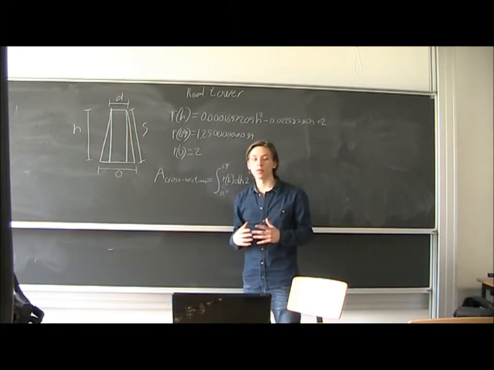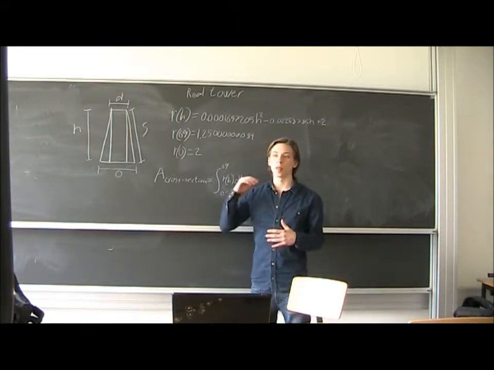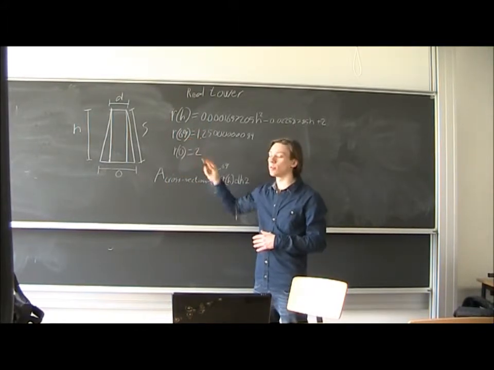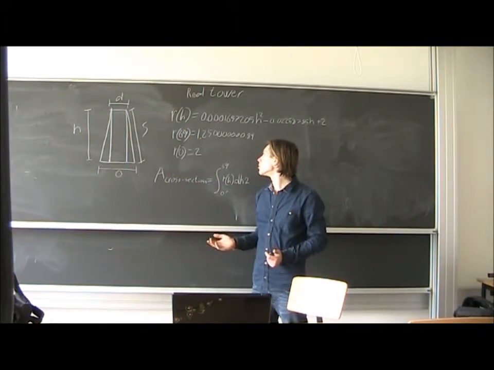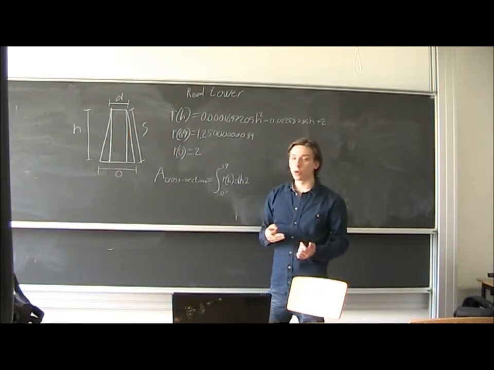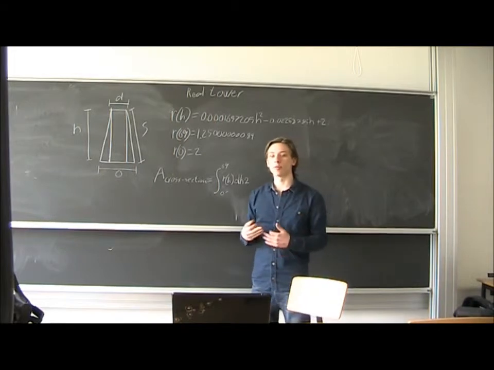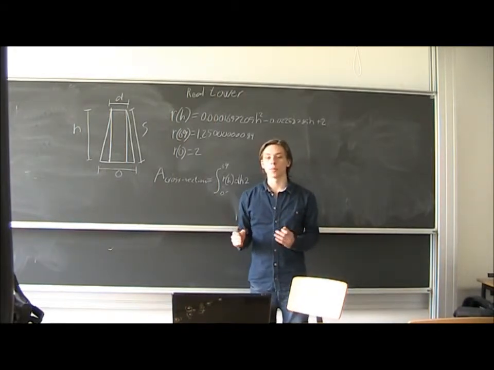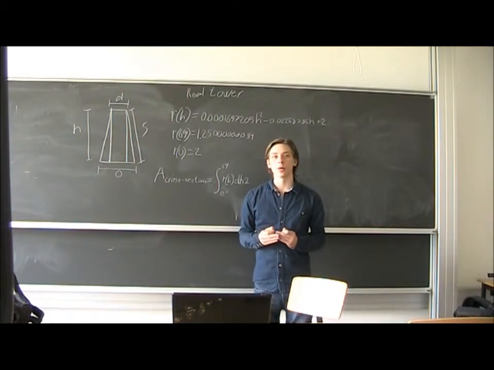We wanted to find out the top diameter, so we set h at 69. So we got 1.25 and so on, 8.84, and it isn't really a lot different from the model tower.